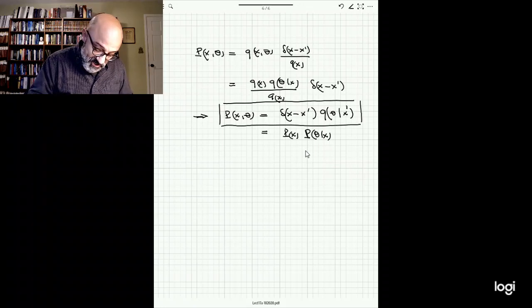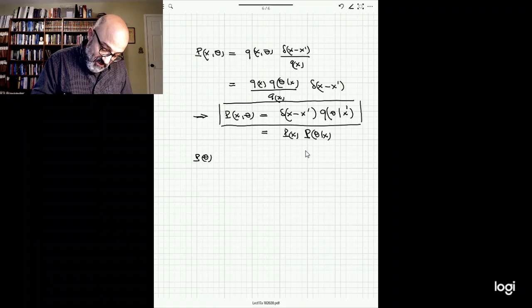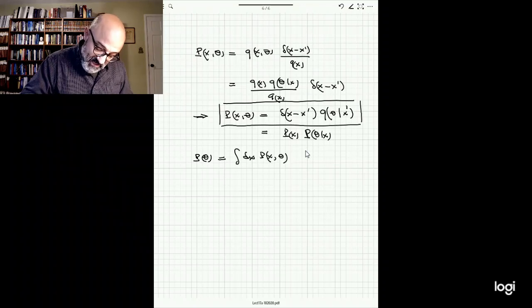So conclusion: if you integrate to find p of theta, you integrate this p of x theta over all the x's.